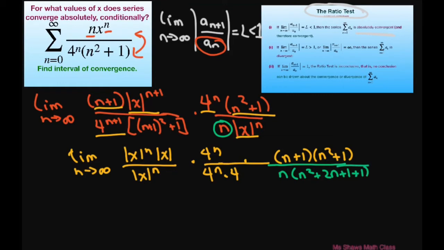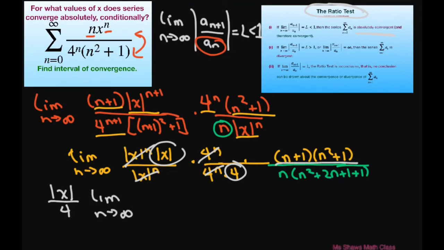All right. Now, simplifying this, these two cancel and these two cancel. So I can move this out front of the limit. So I can write this as the absolute value of x divided by 4 times the limit as n approaches infinity.